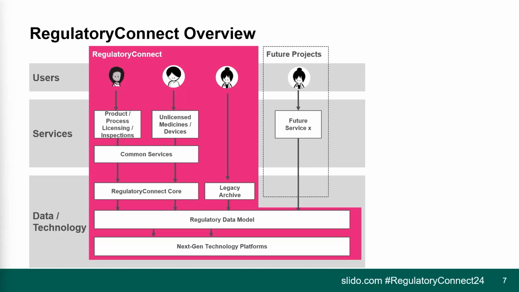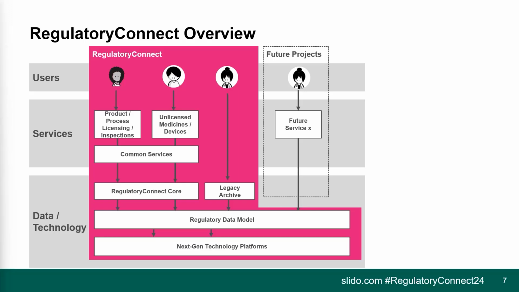We've also created what's called a legacy archive. Rather than migrating all of our data into that core RegulatoryConnect platform, we're archiving it for access by our assessors, and that work is part of release 1 also.